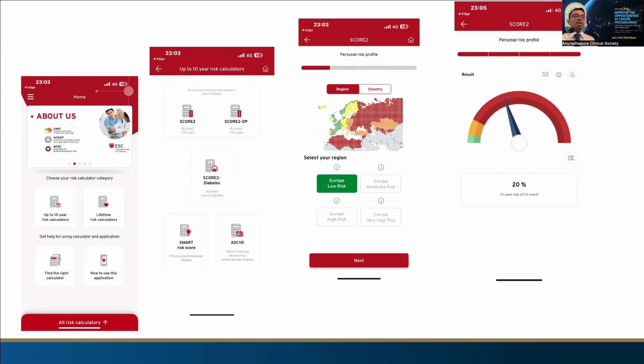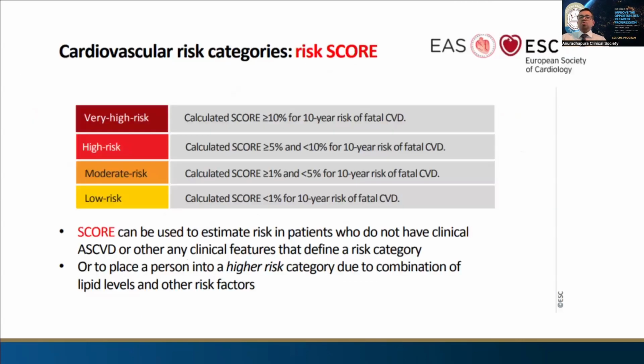If the patient has diabetes, or already has a cardiovascular problem, then you have to use this one. If the patient has other very high risk conditions, especially CKD patients, you can use the other risk score. Then you will get the 10-year risk score, and depending on this risk score, you can start the treatment. So this is what you get in those calculations.